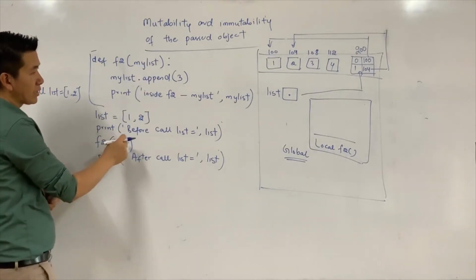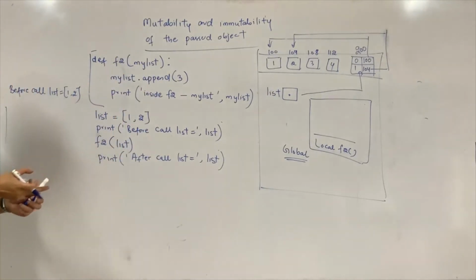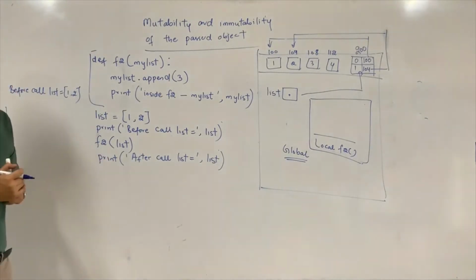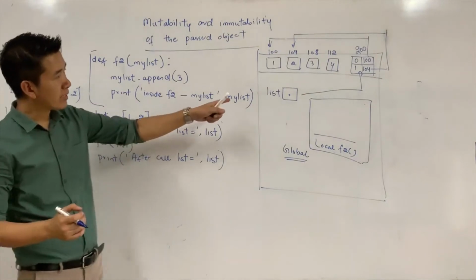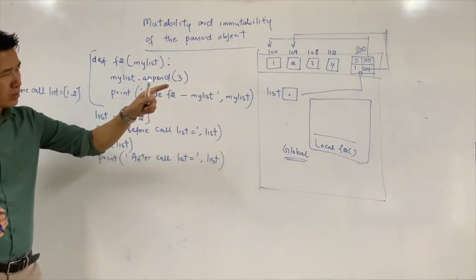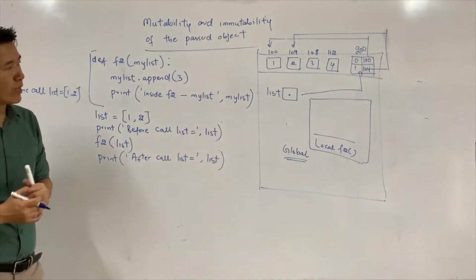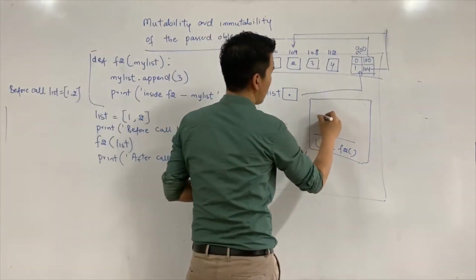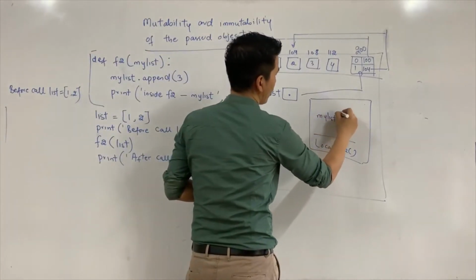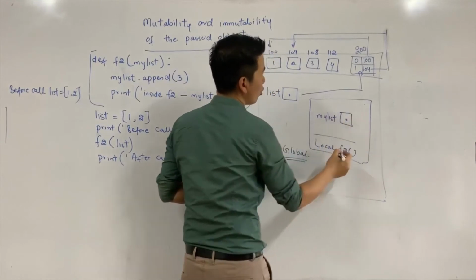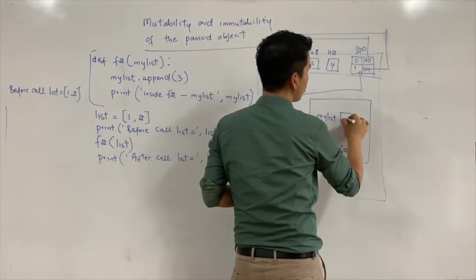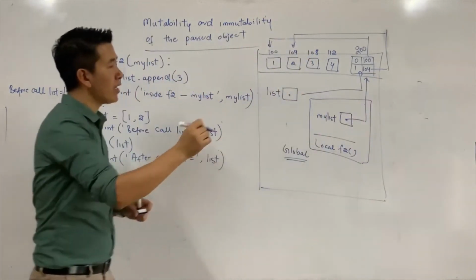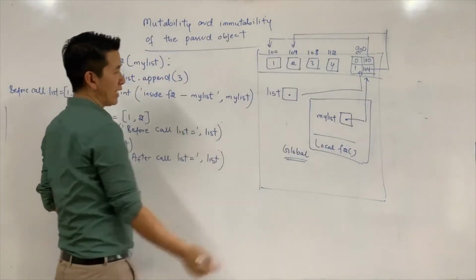You are passing the list to my list. What is it that you are passing? You are passing the address, or the reference. The list is referring to the storage location whose address is 200, so my list will also point to 200, the memory location being pointed to by list.